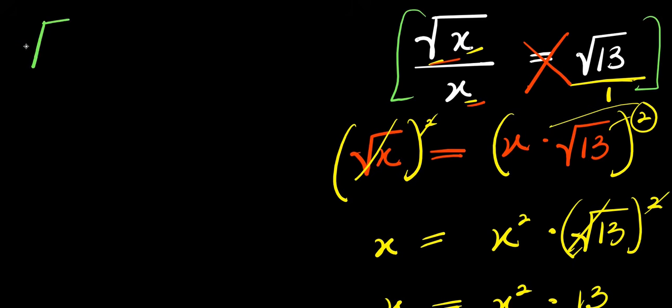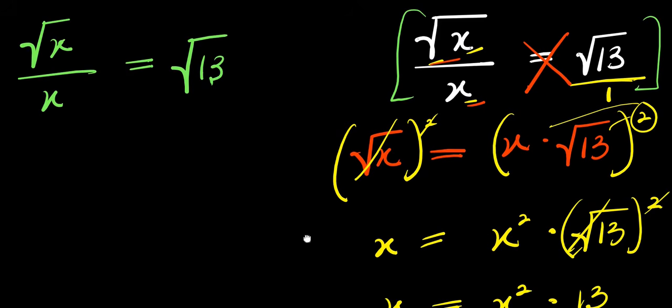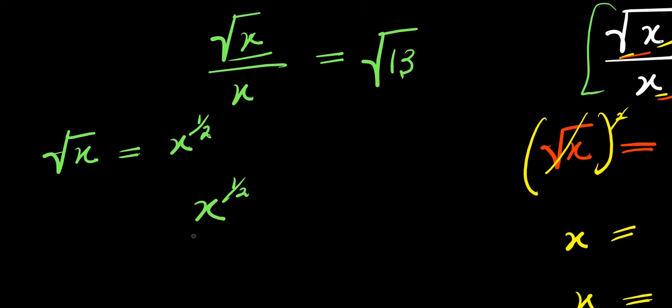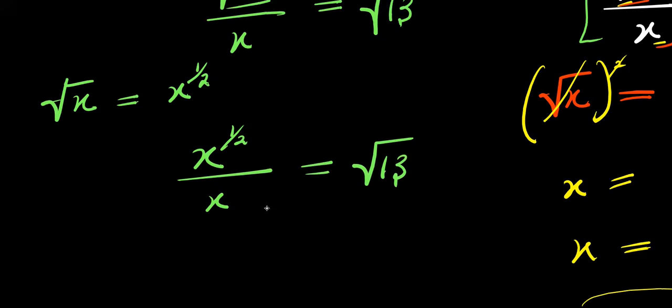You have the square root of x divided by x equals the square root of 13. Now, what I can do will be to replace this with x to the power 1 over 2. The square root of x is the same thing as having x to the power 1 over 2. So that means we have x to the power 1 over 2 divided by x equals the square root of 13.